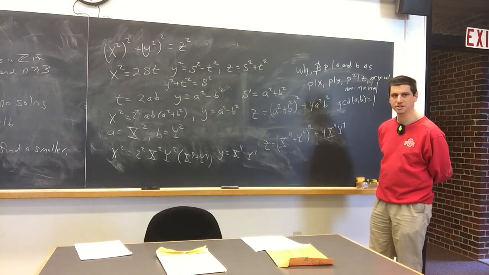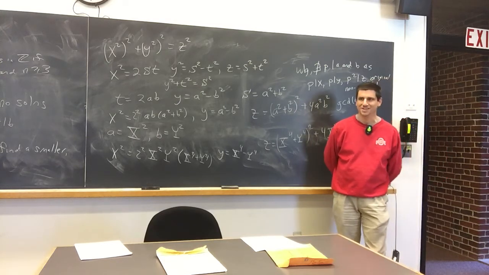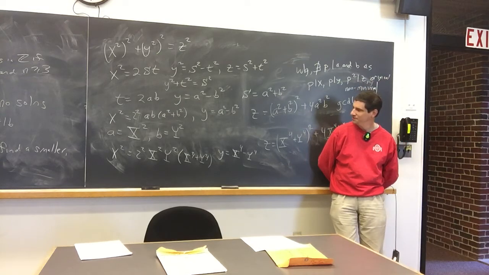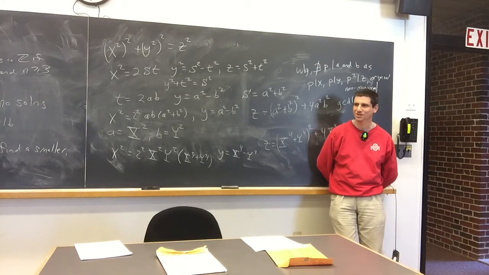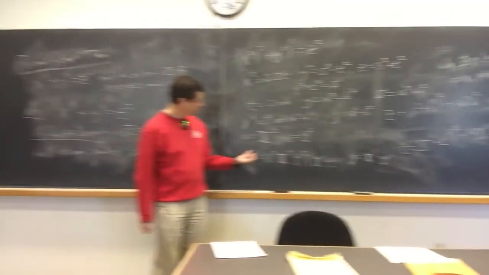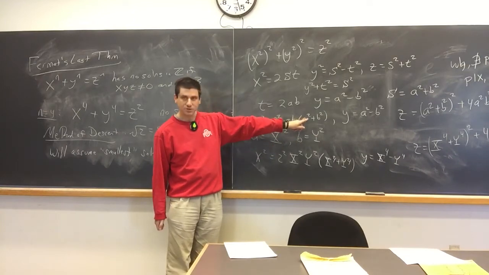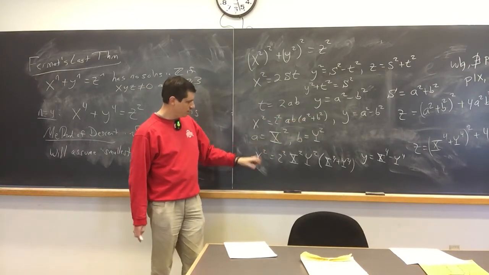Okay, a lot of stuff on the board. We know that x to the fourth plus y to the fourth has to be a perfect square. Excellent. Why does that have to be a perfect square? Because we already determined that A squared plus B squared would be a perfect square. So this is a perfect square here.